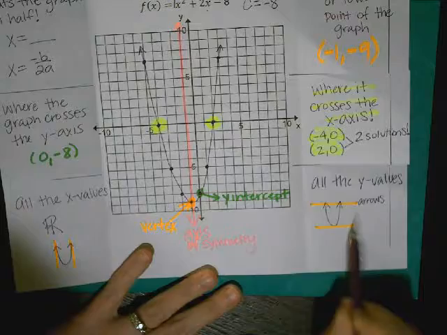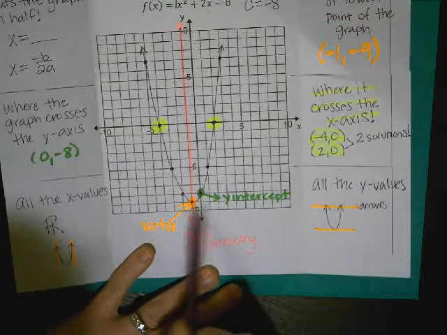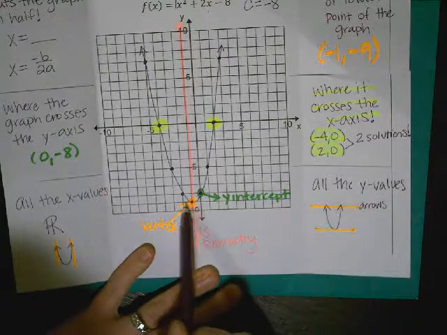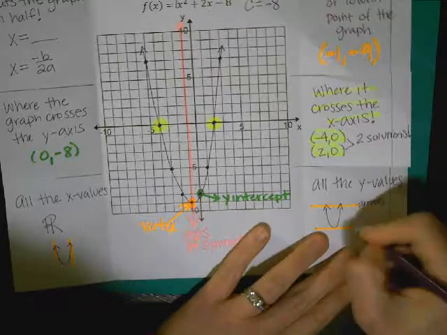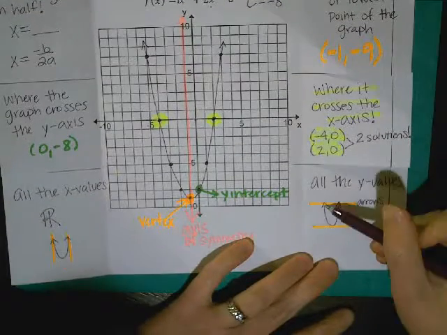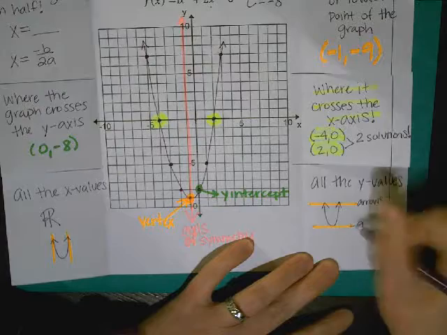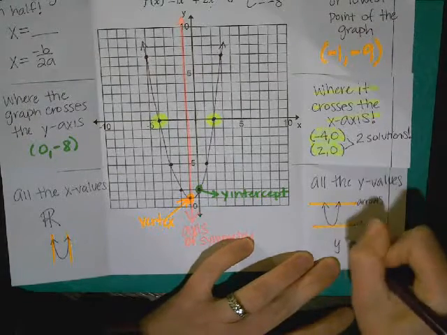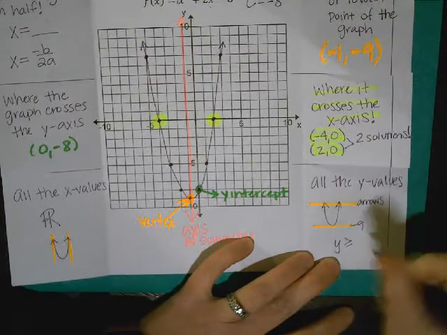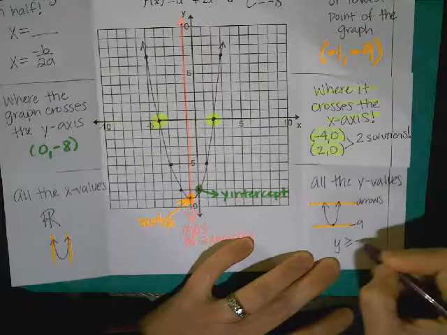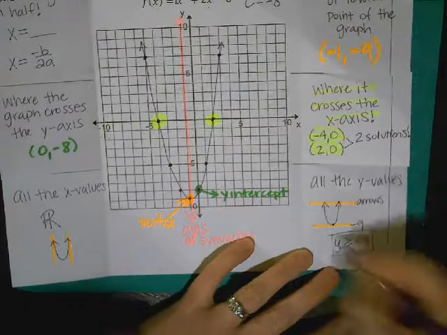What number is this bottom touching? Well, in this case, the bottom is touching -9 right here on the graph, right? And so it's getting bigger, it's getting higher than that -9. So we say y is greater than or equal to, because it was a closed dot, -9.